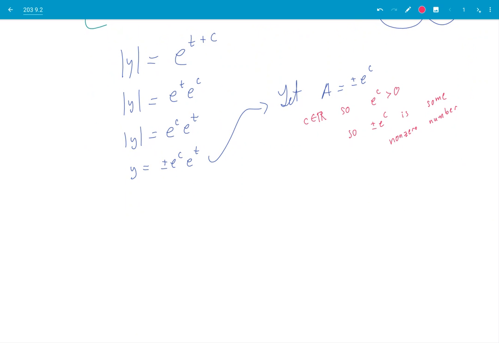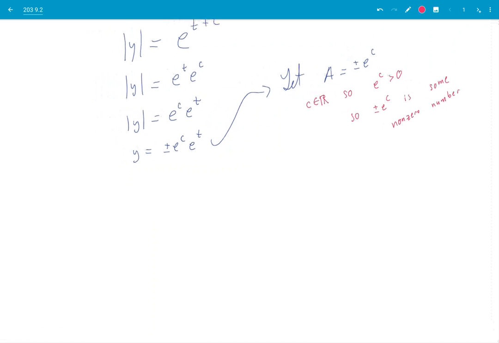Let's soldier on here. So plus or minus e to the c is some non-zero number. Okay, so we'll say that a is any real number.